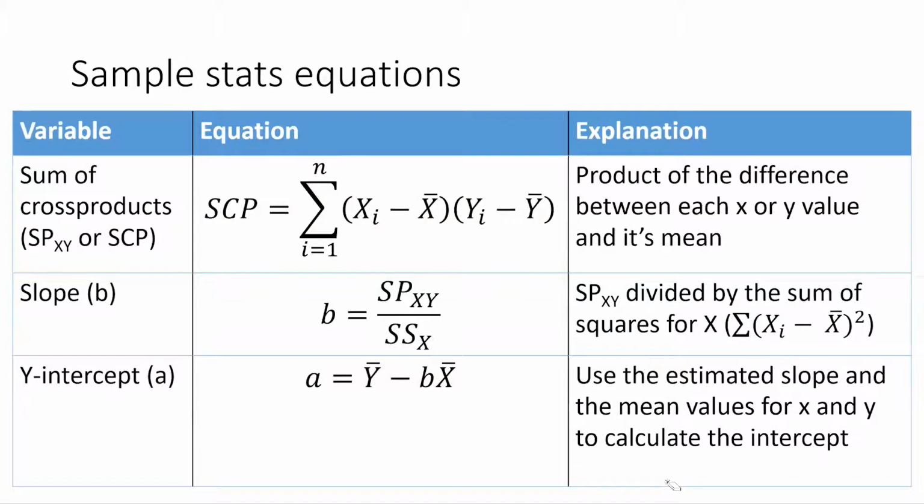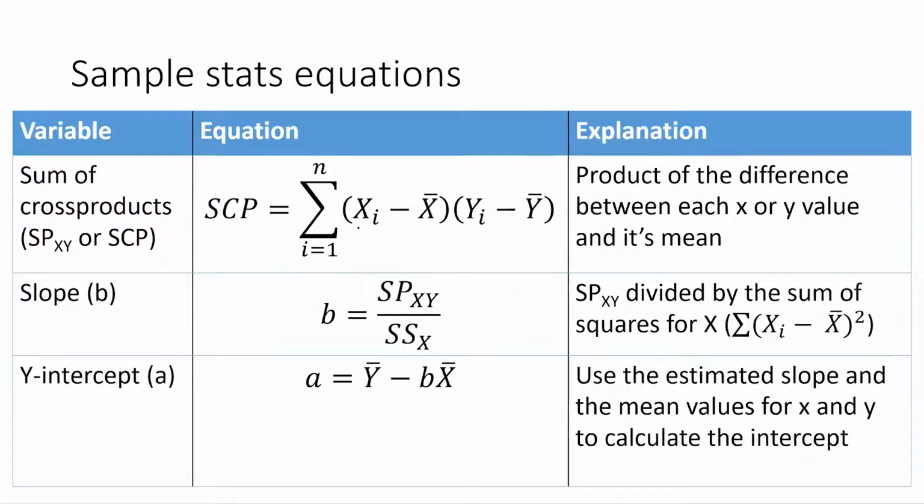When we calculate these lines of best fit, and the slope and all of that, we technically do that using more sums of squares. We use something called a sum of cross products when we're doing linear regressions. That can be written as SP, sum of products XY, or SCP for sum of cross products. It's literally just the product of the difference between each X or Y value and its mean.